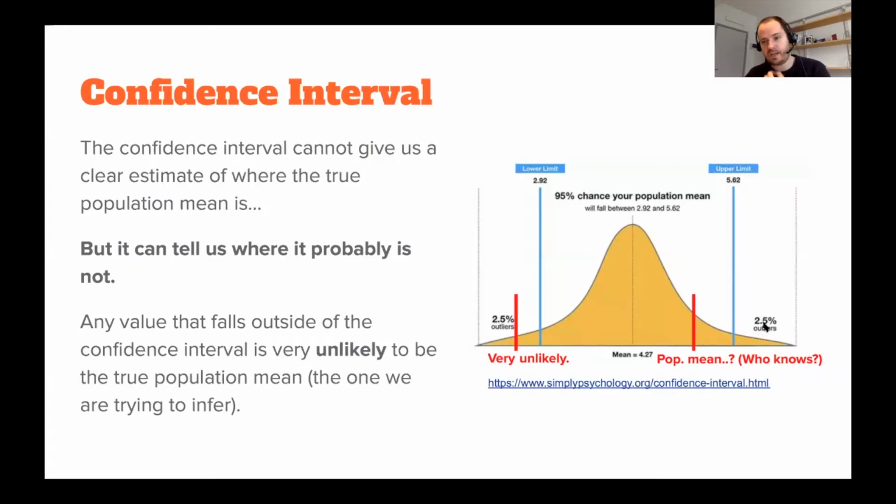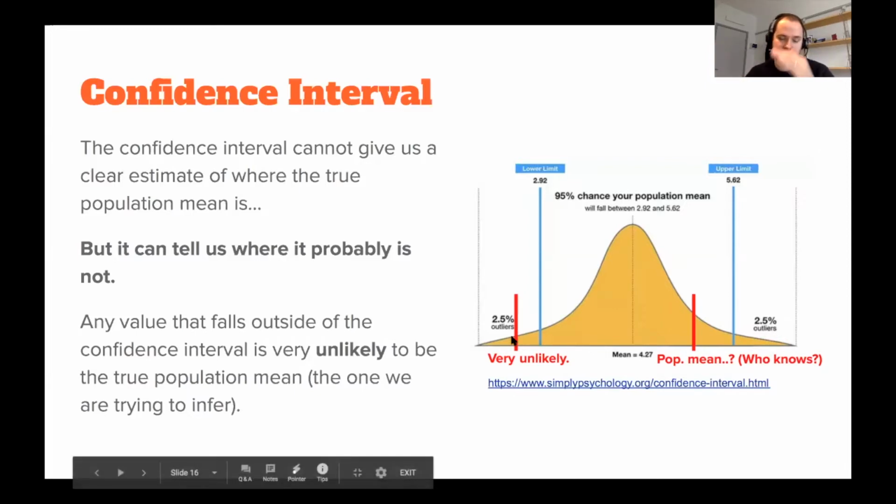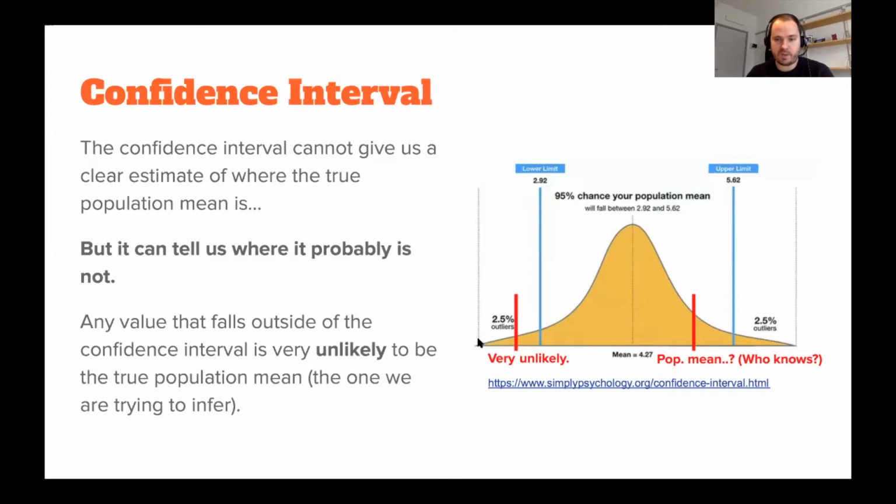And on the right here is also the 2.5% least likely to happen in terms of high values. And at this side, it's 2.5% least likely to happen at the lower end of the values. The smallest and the largest, such that they're so big that it probably doesn't happen very often.